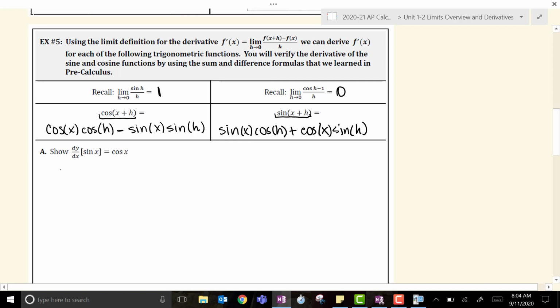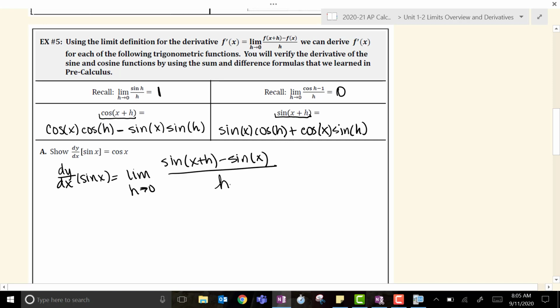So I'm going to say dy over dx of sine of x equals the limit as h approaches 0 of, and I'm going to write that format in, remember, we are going to have sine of x plus h minus sine of x all over h.